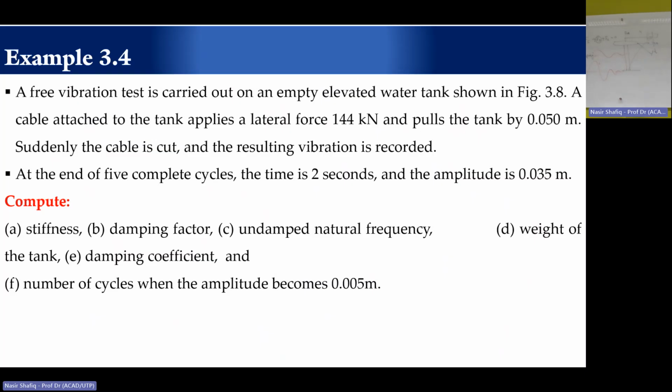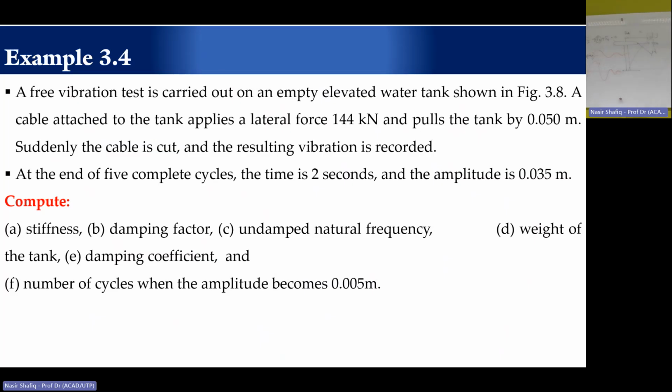Suddenly the cable is cut and the resulting vibration is recorded. When you cut the cable, the force is released and it undergoes vibration.